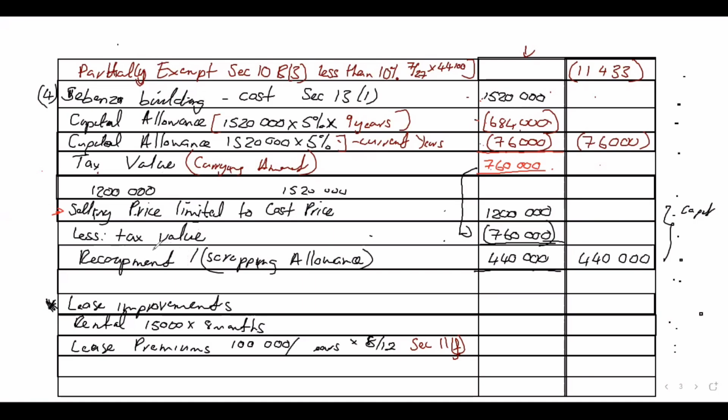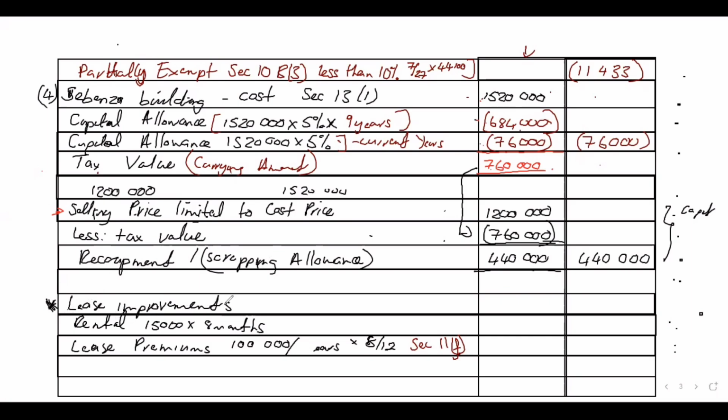If you don't sell above the cost, there's no capital gains. Just in case you're hearing us throwing abbreviations, capital gains tax. We'll get to capital gains tax on another day. If you want, I can send you recordings if you think you want to go forward, especially those that are writing soon. Then we'll meet and discuss. And then lease improvements.